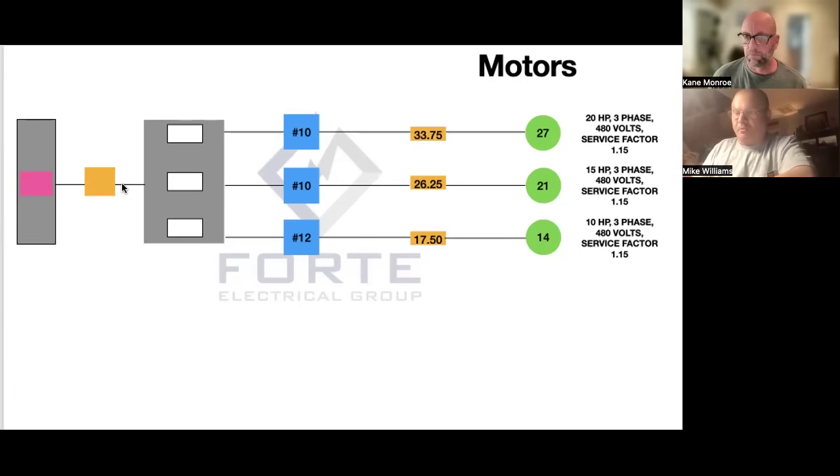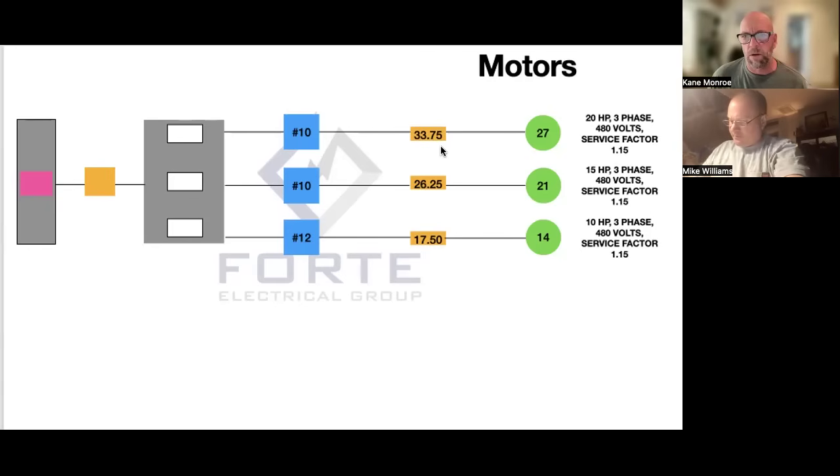The largest motor was 27 at 125%. We've already got that FLC right here, which is 33.75.